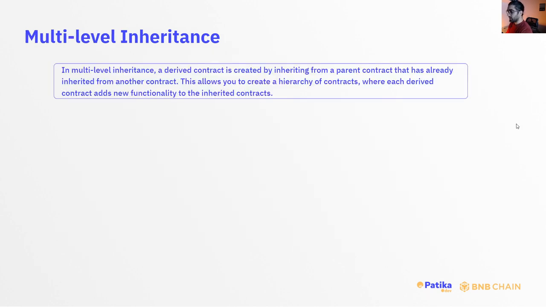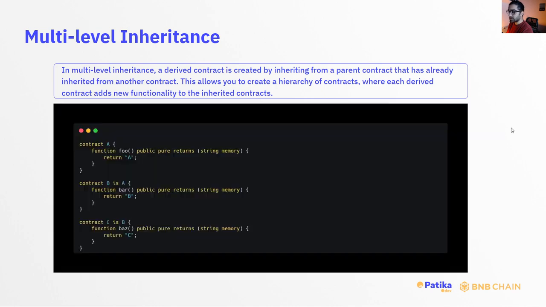All right. So multi-level inheritance. In multi-level inheritance, a derived contract is created by inheriting from a parent contract that has already inherited from another contract. This allows you to create a hierarchy of contracts where each derived contract adds new functionality to the inherited contracts. Let's see an example of it.